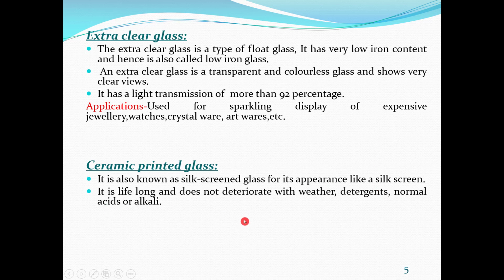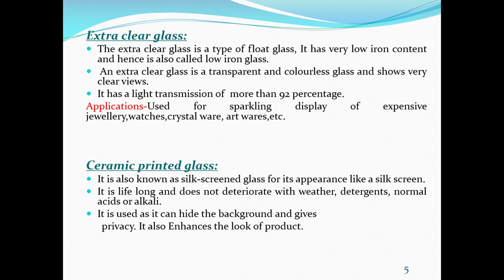It is lifelong and does not deteriorate with weather, detergents, or normal acids and alkali. It can hide the background and it gives privacy. So we are using these glasses wherever we require privacy. It enhances the look of the product. So they are mainly used as curtain walls and for shower installations.